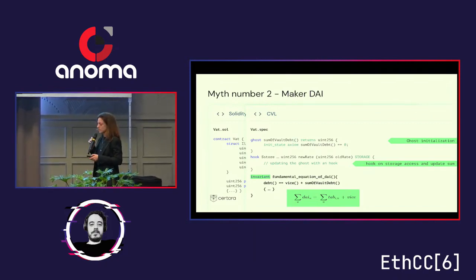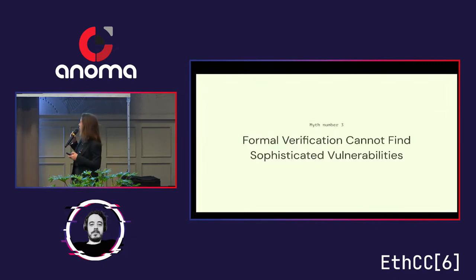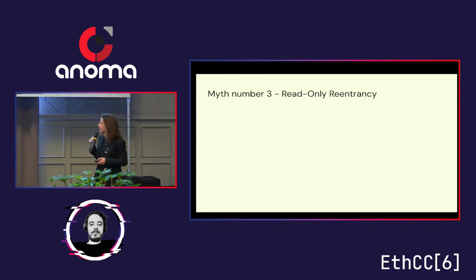So this was actually a very important example, but it's still about a property of a specific protocol. We did not get into a common vulnerability that you might be interested in checking. For instance, one vulnerability that was heard a lot during the last year is the read-only reentrancy one, which was actually presented last year.